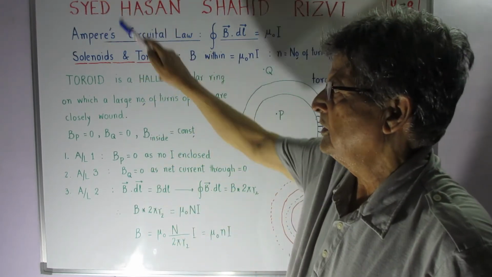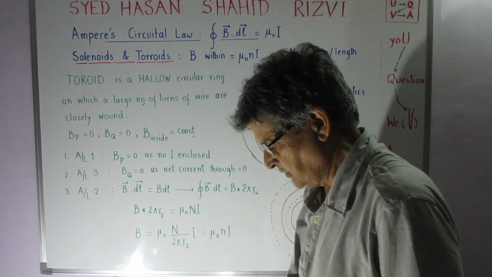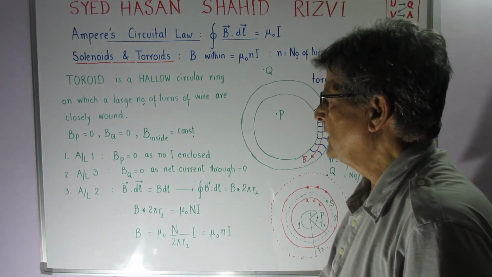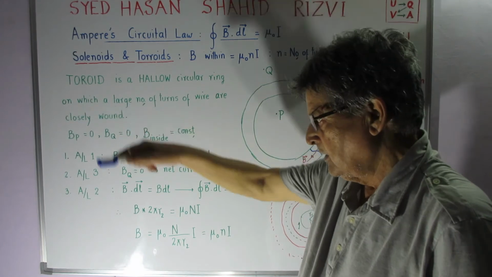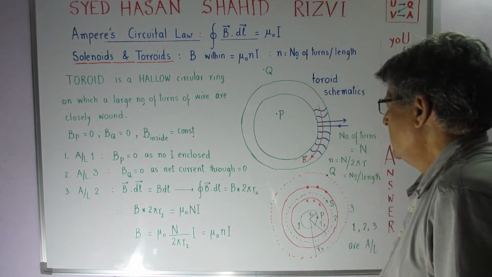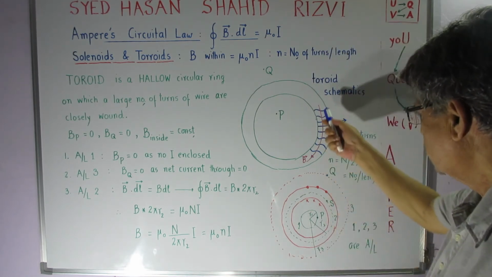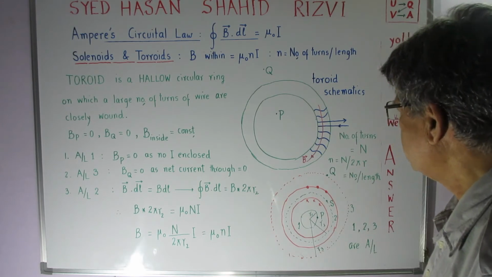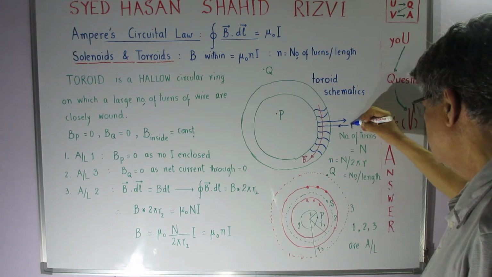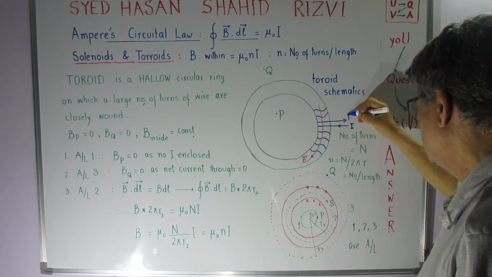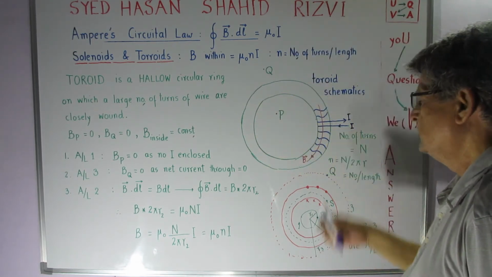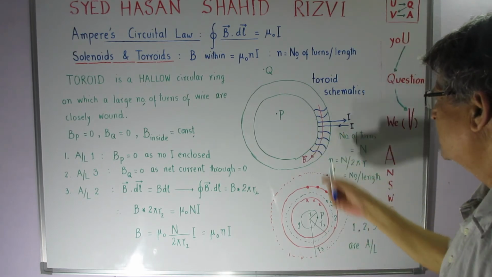So this is a kind of ring just like an inflated bicycle tube, and on that you wind the wires closely to each other. I have not been able to draw it properly. Anyway, there is a current which enters in it, and after traveling the whole length of this toroid, it returns over here. Okay, I have tried to show it.